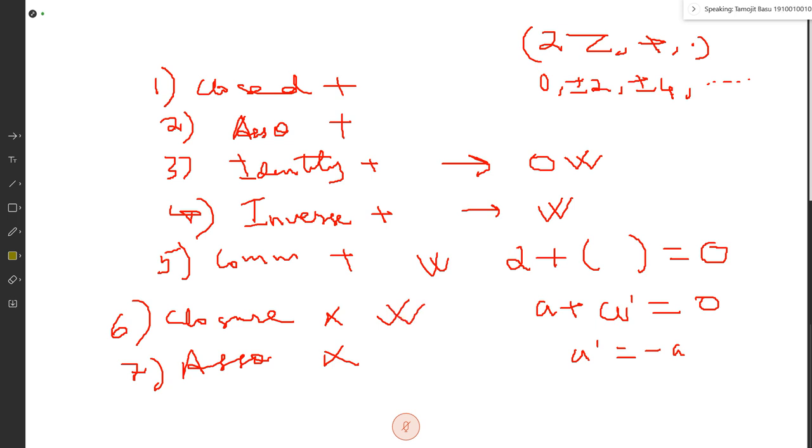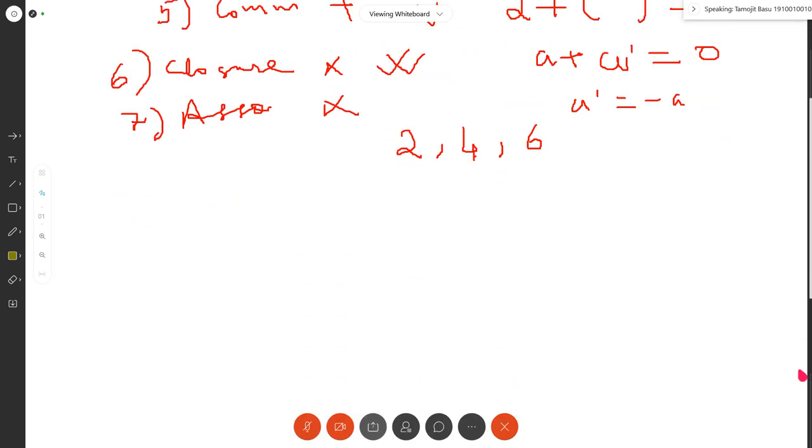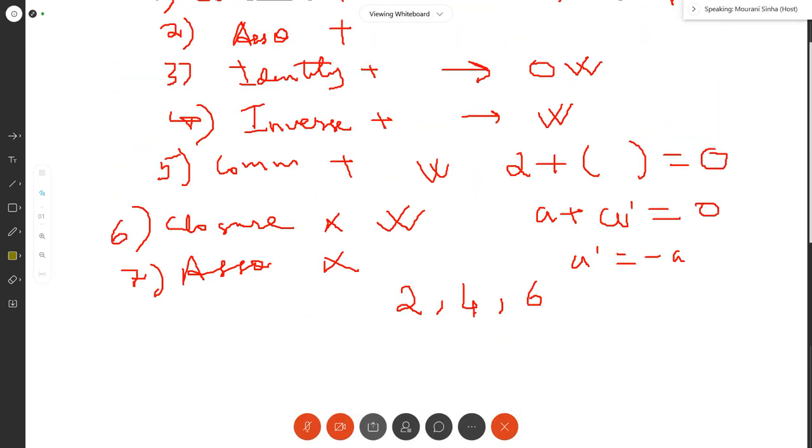Now, multiplication and the associative property for even numbers. What do you think? Take your time. Take examples, say 2, 4, 6. Actually, associative is also holding true, because if I'm multiplying the numbers by shifting the bracket, the answer never changes.